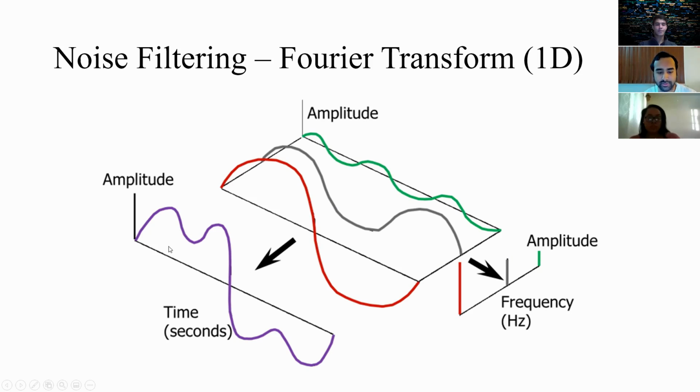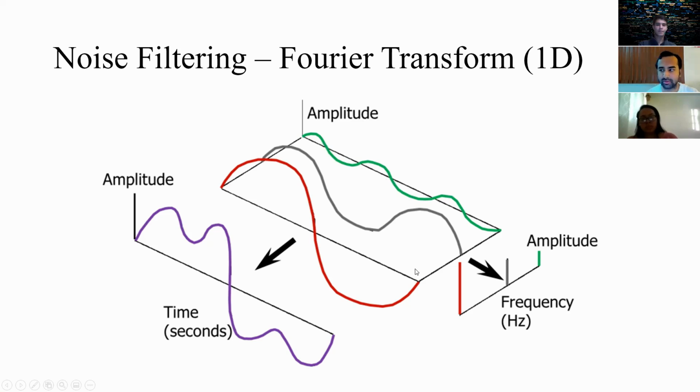And if you were trying to represent this curve as the summation of more simpler sine curves, you would be able to recreate this curve using only a single sinusoidal curve of a very specific frequency and just combining all those frequencies together. So maybe this curve here, it behaves a little bit like the red curve, it behaves a little bit like the gray curve, and it behaves a little bit like the green curve as well. And if you combine all of these, you make up the purple curve.